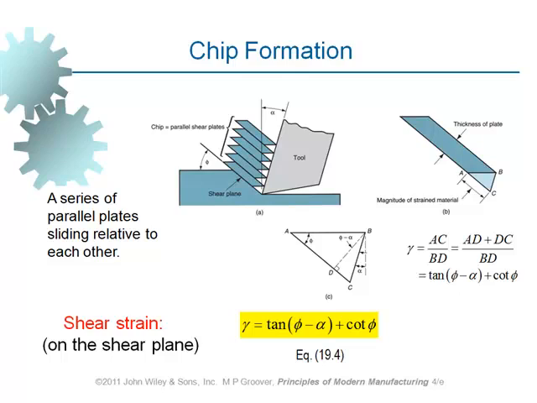Once we are done with this, we have to compute the shear strain, which is gamma, and the equation for this is given. We have just computed phi by making use of the equation in the previous slide.